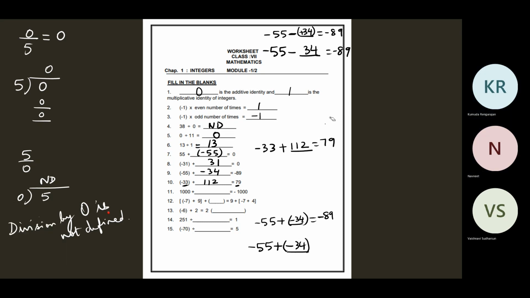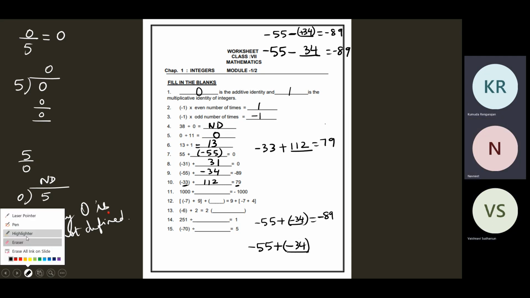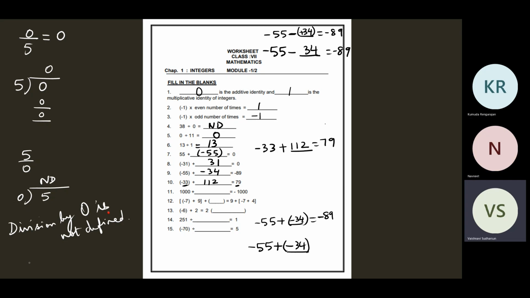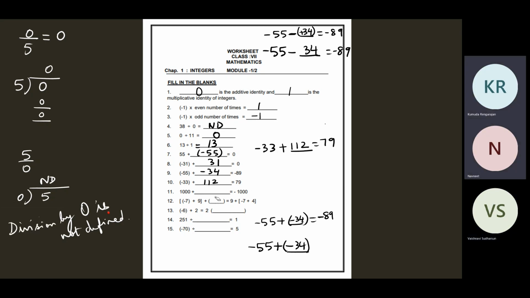Okay, very good. Anirudh, it's not your turn now. Please wait for your turn. Yeah, Navneet. 1000 plus dash is equal to minus 1000.